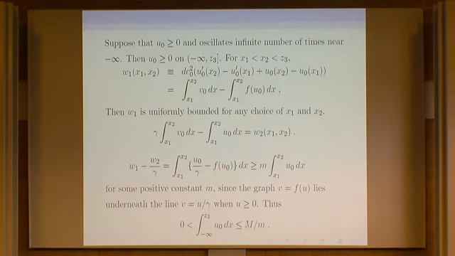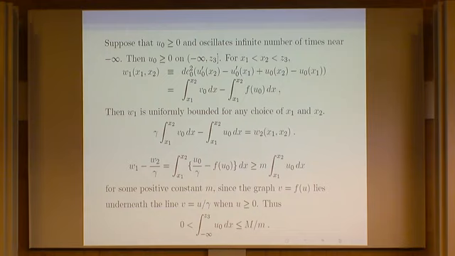So what you know is the function u0 cannot be identical to 0, so it's negative here, then positive here, then it cannot be identical to 0.